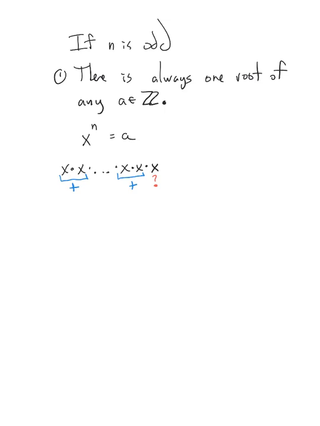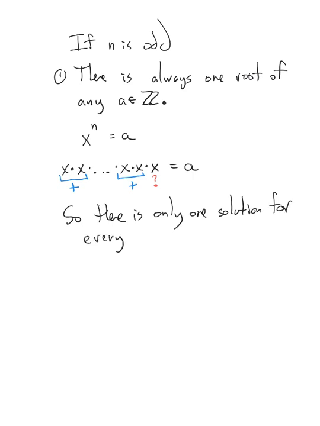If x is negative, then our side here is negative. So this equals a. So the left-hand side can be positive or negative, and the right-hand side can be positive or negative. So there is only one solution for every a, which is great.